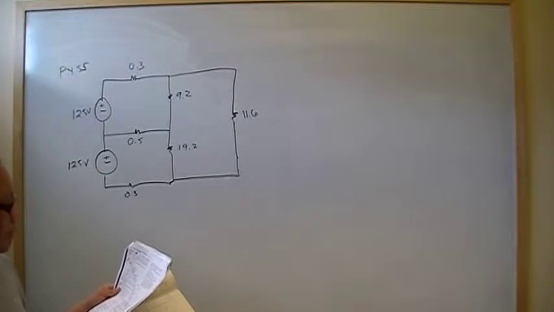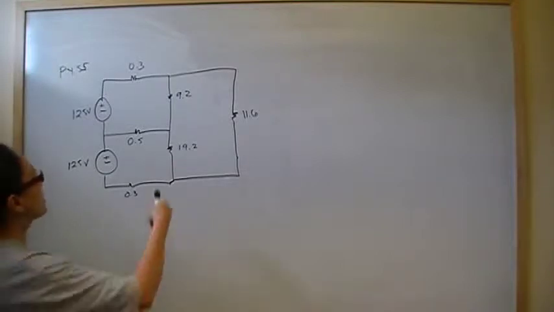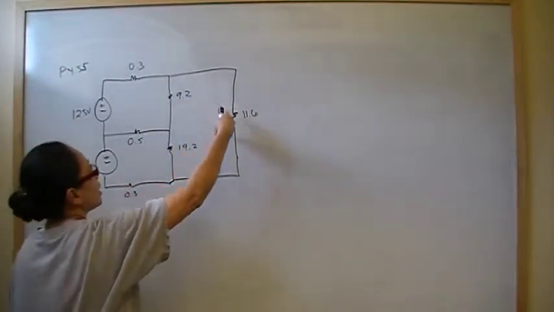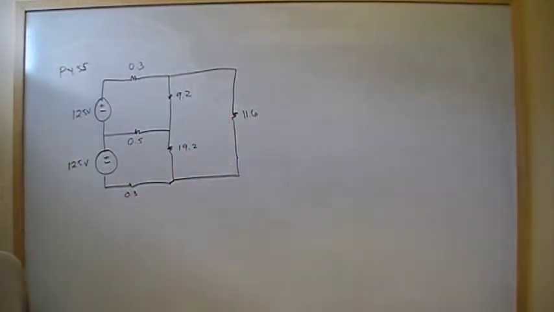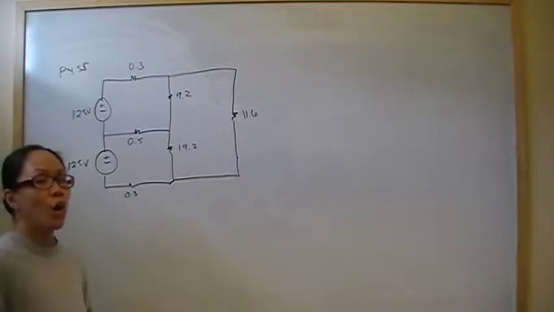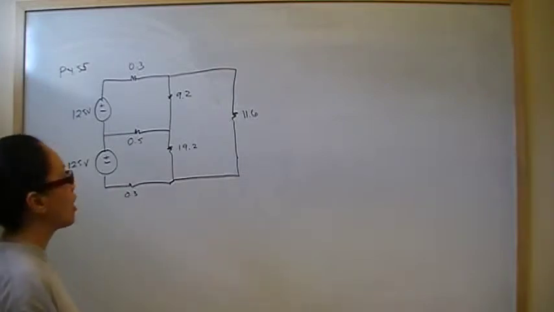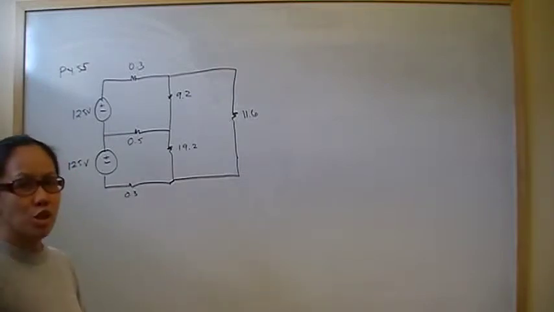Now, in part B, we need to calculate V1, V2, and V3. That's the voltage drop here, here, and here. And we're going to use the harder technique, because I already know that you can do it via the mesh method.